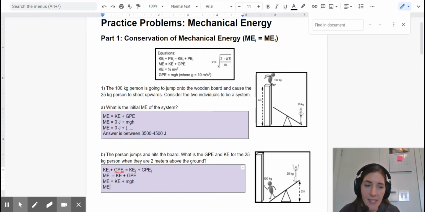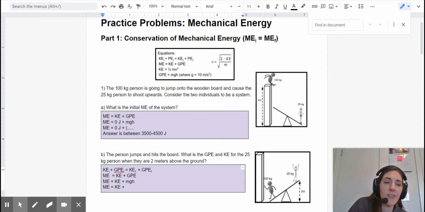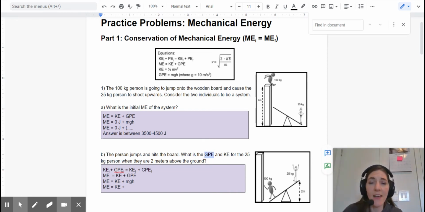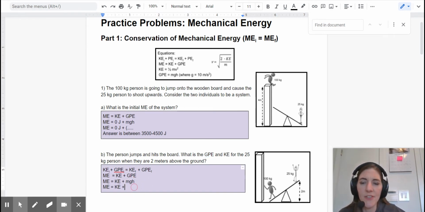You found that in A. That is going to equal your KE plus whatever you calculate for mgh. So you'll have GPE, which is part of the problem. And then to find KE, you just take the portion of that mechanical energy that is gravitational potential energy and subtract it from your total mechanical energy to get your kinetic energy. So you will have two answers here.